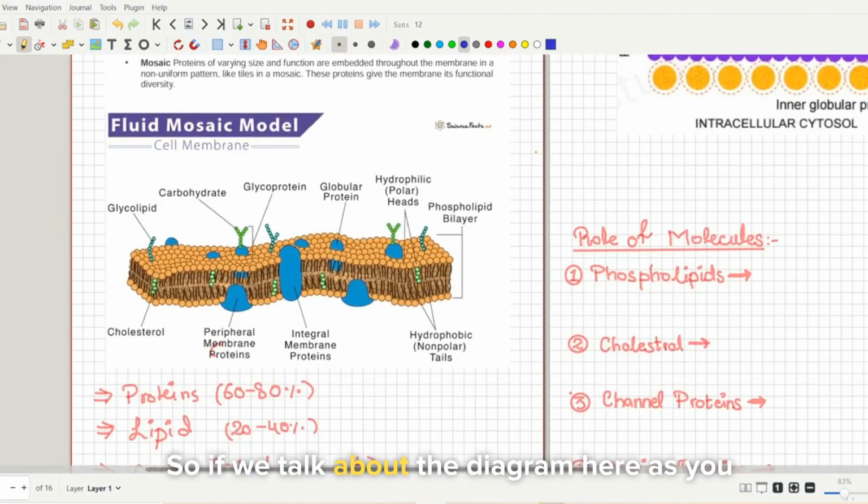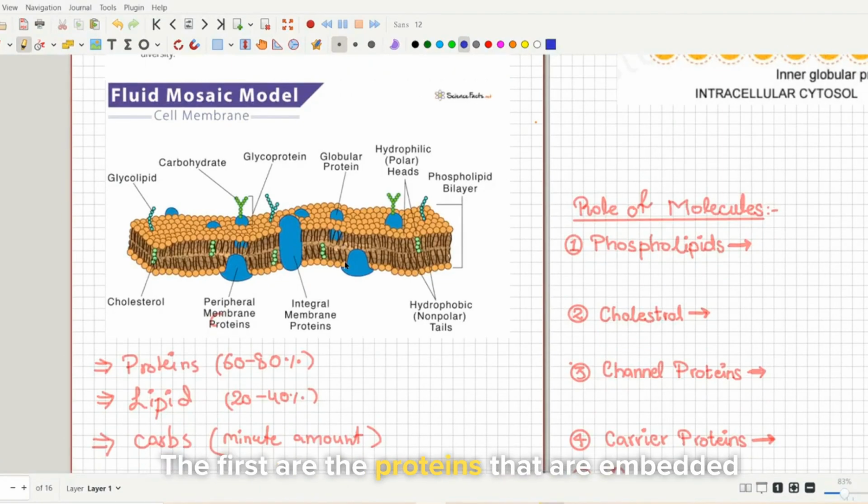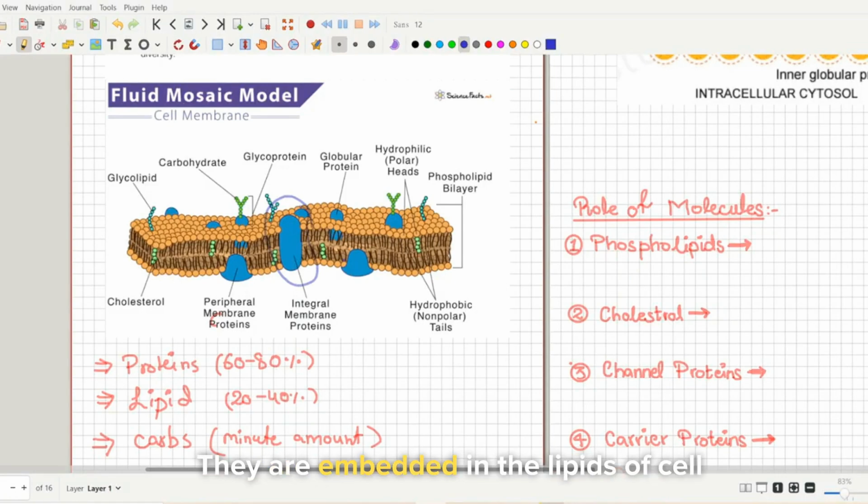So if we talk about the diagram here, as you can see, there are two types of proteins. The first are the proteins that are embedded in the lipid of the cell membrane, like this. And there are some proteins that are outside, like this. They are not intrinsic, they are not inside the whole cell membrane, they are only embedded on the outside, and they are called peripheral proteins.